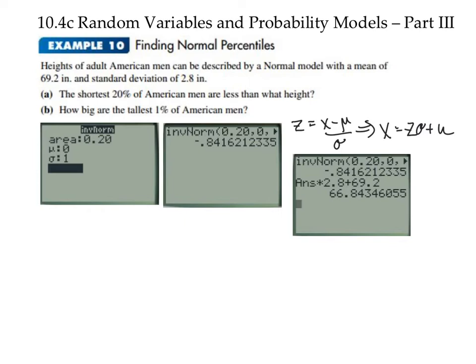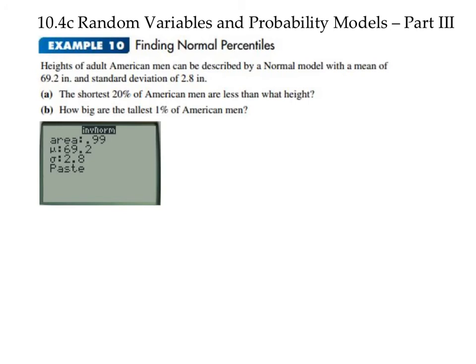Now, how big are the tallest 1% of American men? I'm going to do this one without the z-score. Here's what I've populated the InvNorm screen with. For area, 0.99, because I want 99% to be below my height, so I'm in the top 1%. I have, of course, the mean is 69.2, and the standard deviation is 2.8.